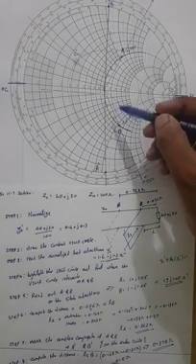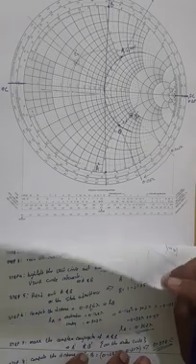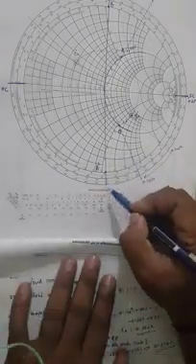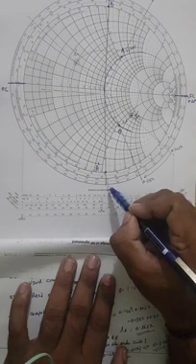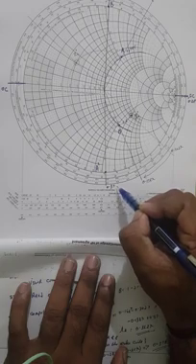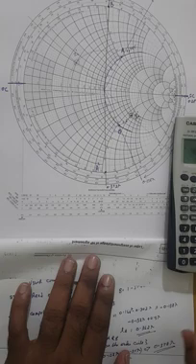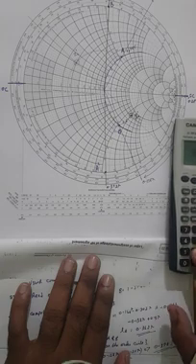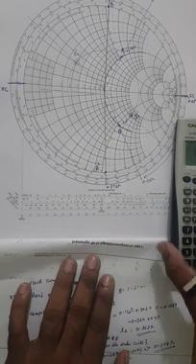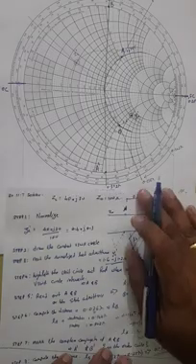If required, I can as well compute the length of stub A, so I can measure the length over here, which turns out to be 0.372 lambda. So this is going to be 0.372 minus 0.25 lambda, which turns out to be 0.122 lambda.